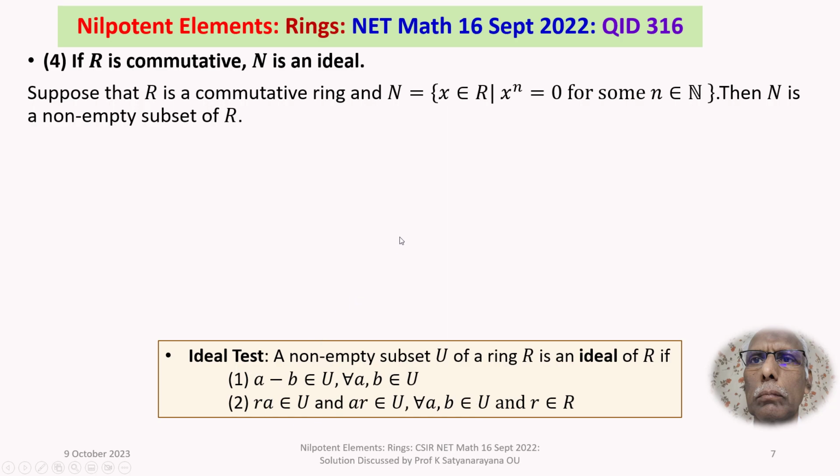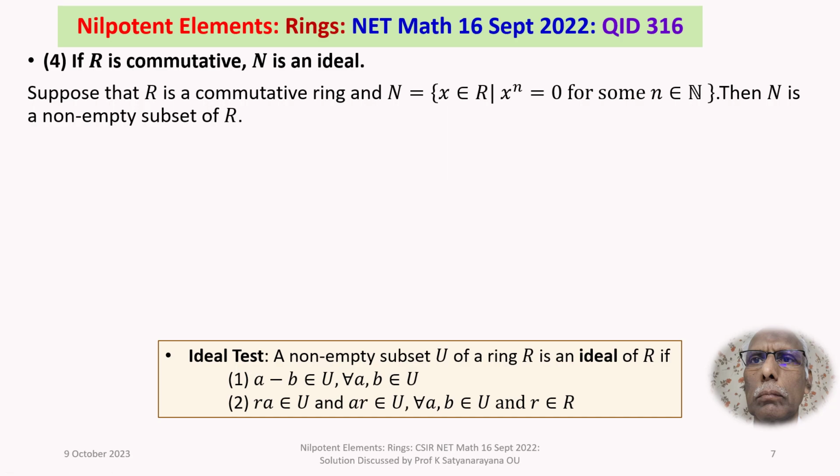That means in our case, for all r belongs to R and x belongs to N, x to the power of some n is equal to 0.